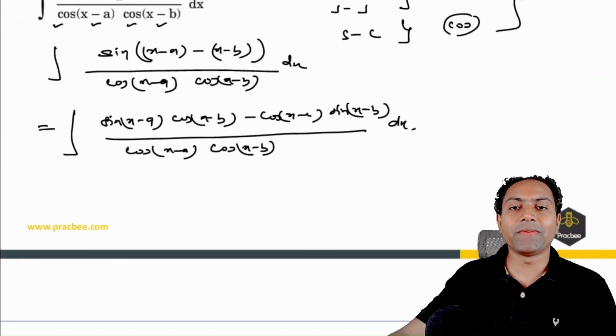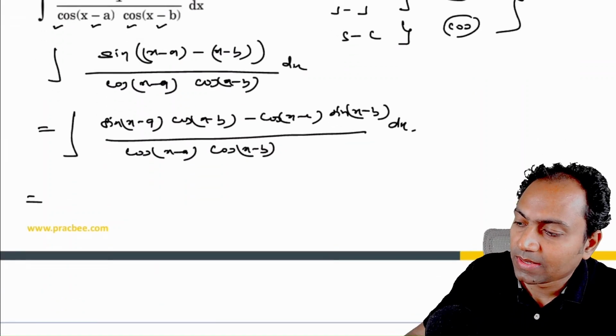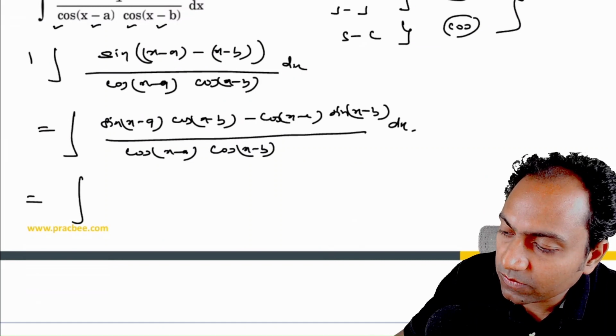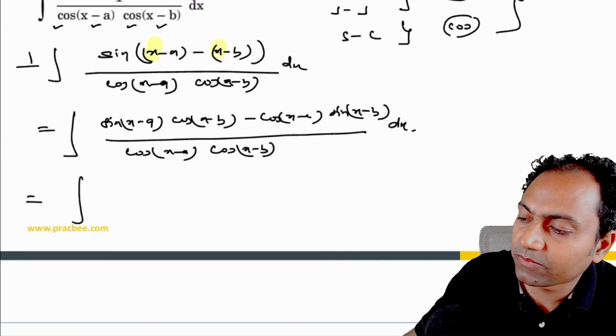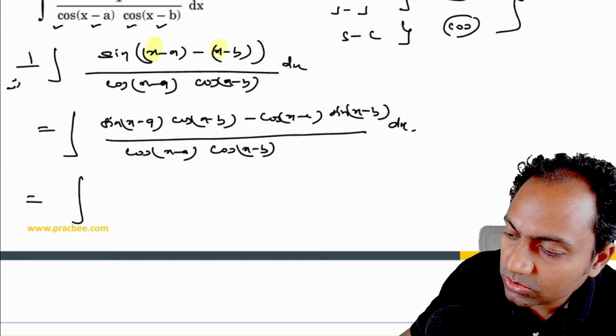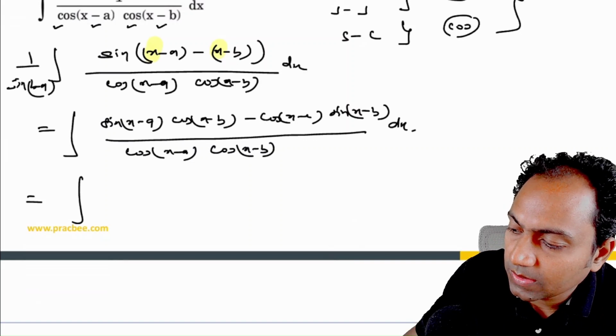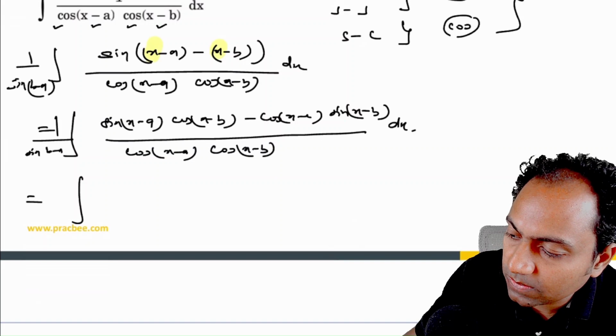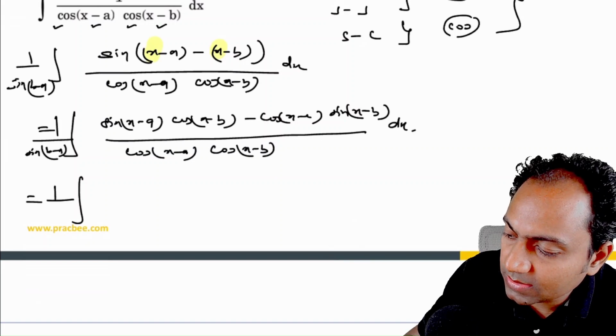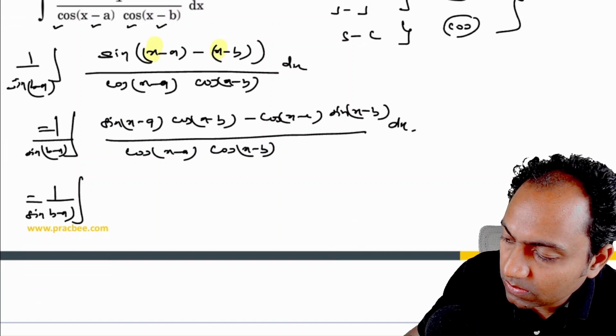This will make our splitting very simple. And one more thing we forgot was, when we are doing this, you can see that in the numerator these 2 terms are getting cancelled out. So we are left with sine of b minus a. So let us also divide by sine of b minus a, so that sine of b minus a will hang outside because it is a constant.